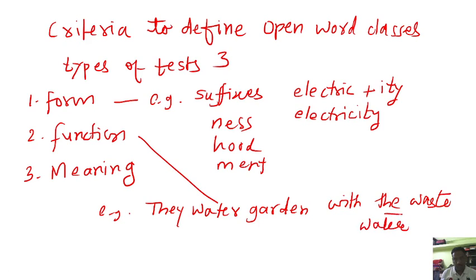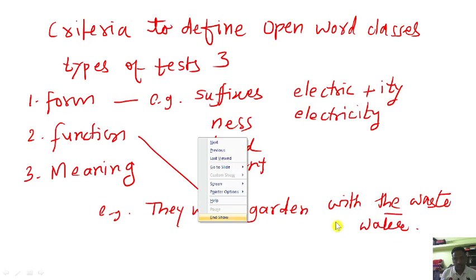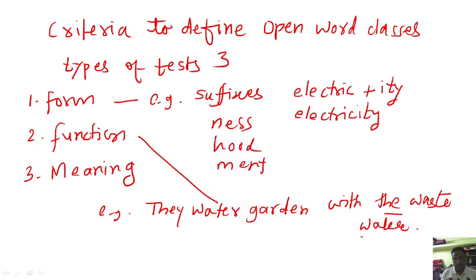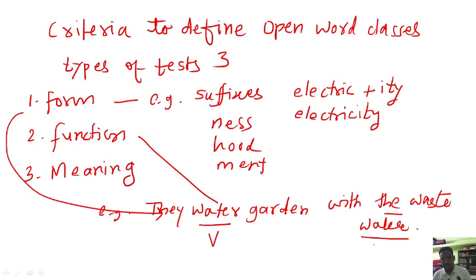Now you see, this is water and this is also water. The form is the same, but the first water is a verb and the second water is a noun.